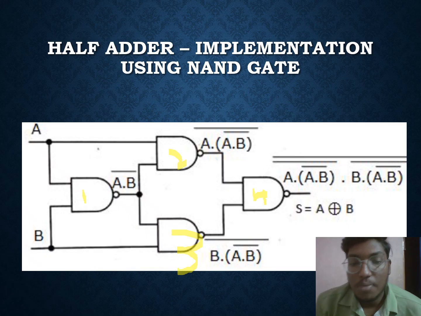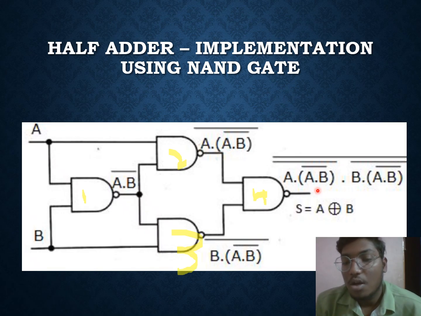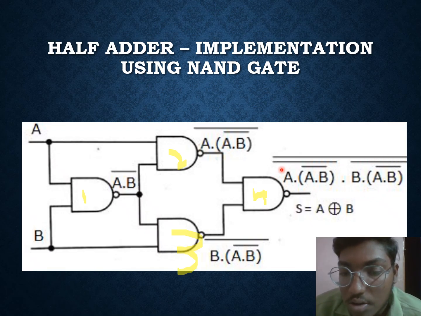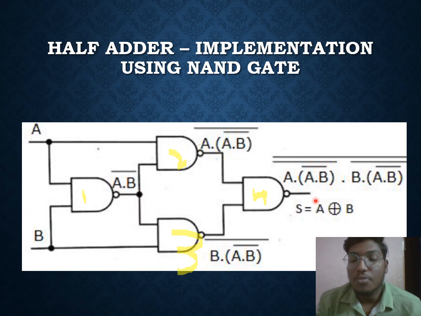These two outputs are given to the fourth NAND gate, which gives the output (A into (A B) bar) whole bar into (B into (A B) bar) whole bar, whole bar. If we simplify this expression, we get the XOR operation, A XOR B. This is how we implement the half adder using NAND gates.